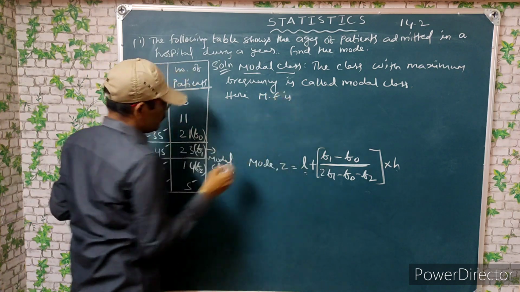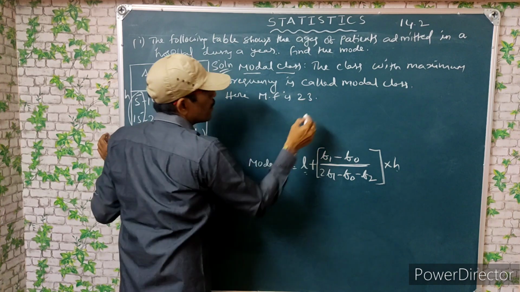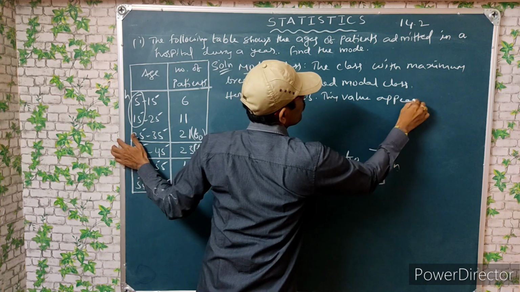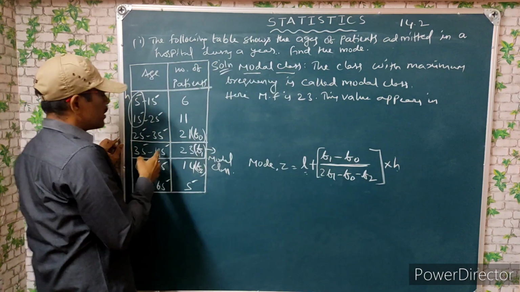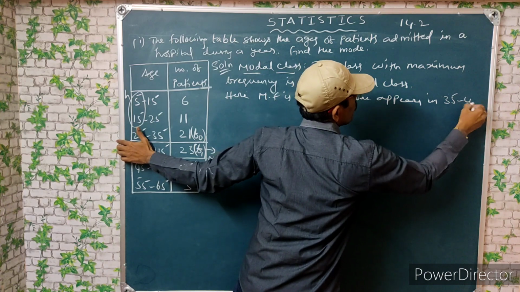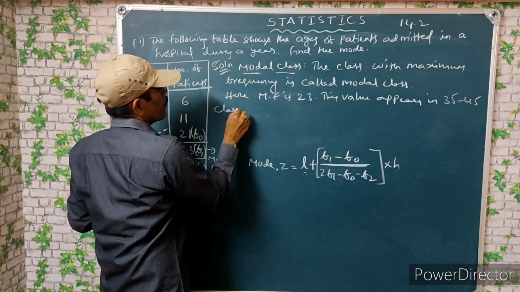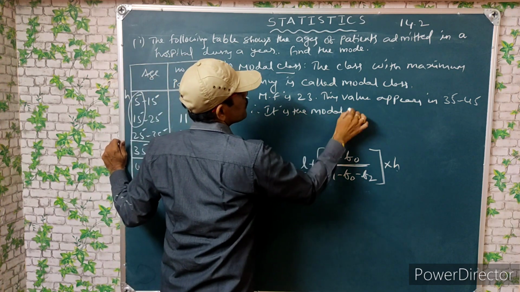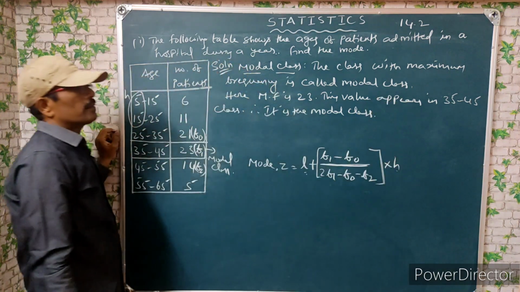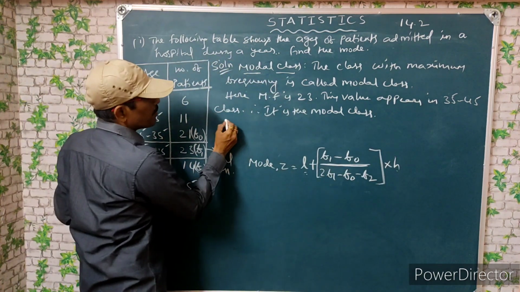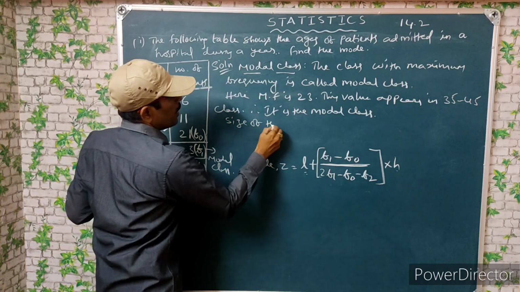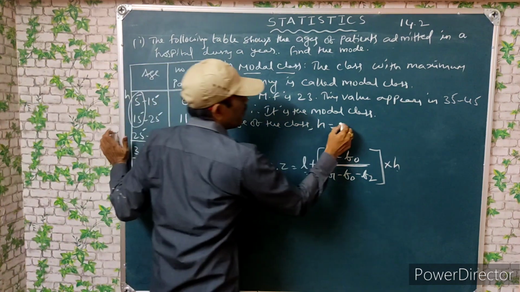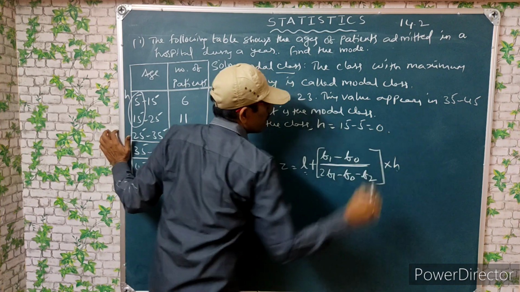Here, maximum frequency is 23. This value appears in the 35 to 45 class. Therefore, it is the modal class. Next, H, size of the class: H is equal to 15 minus 5, that is equal to 10.